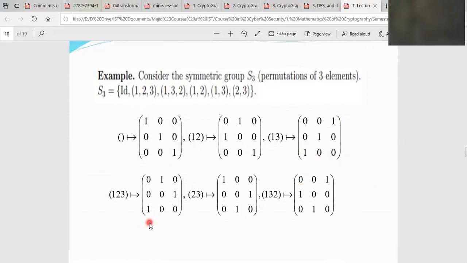In the rest of the cases we do the same, and we get 6 matrices corresponding to the 6 permutations. This idea is utilized in developing the Hill cipher based upon permutation matrix.